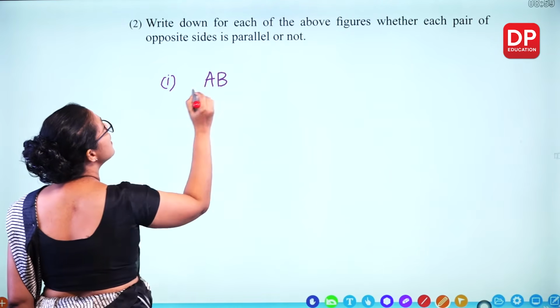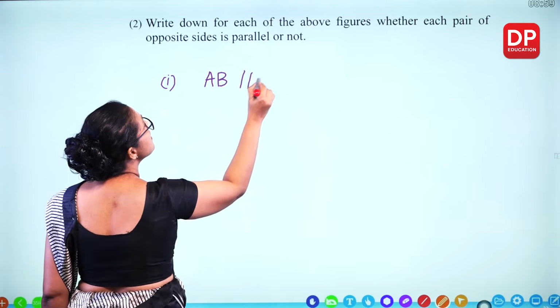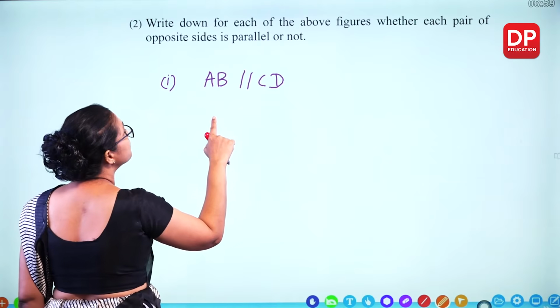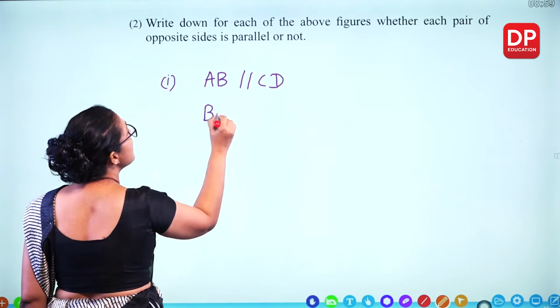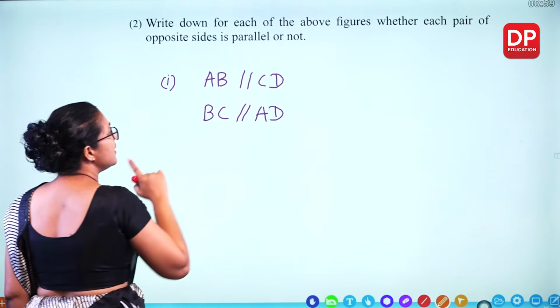So for ABCD and PQRS, we can write down AB and CD lines are parallel, BC and AD lines are parallel.